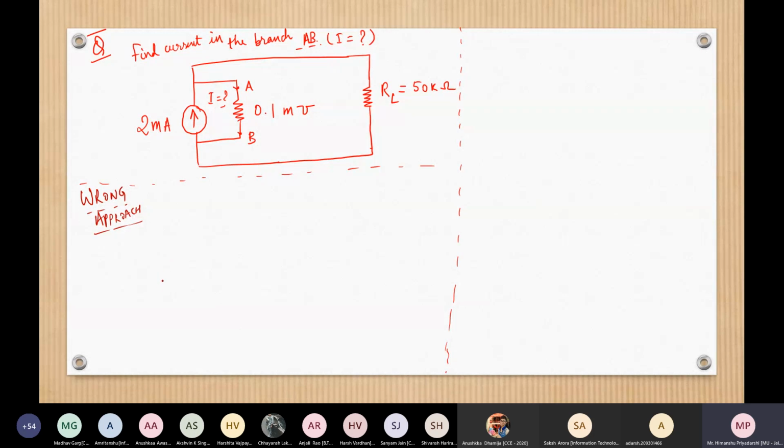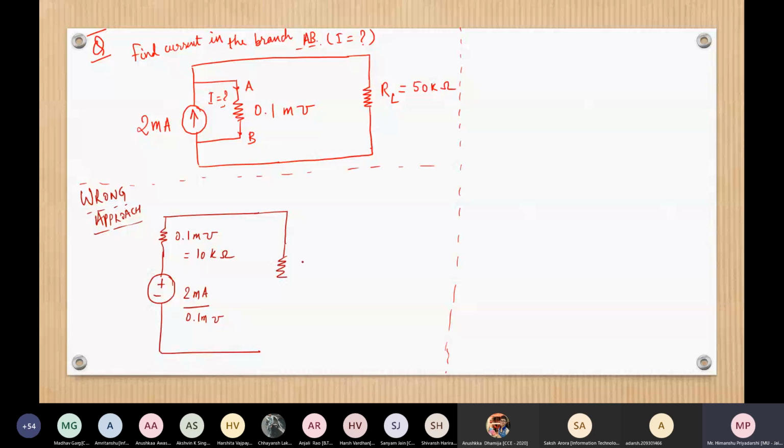The wrong approach is to take 2 milliampere, 0.1 millisiemens is equal to 10 kilo ohm, RL is equal to 50, and the answer you get is 2 milliampere upon 0.1, which is how much? 20 volts, right?